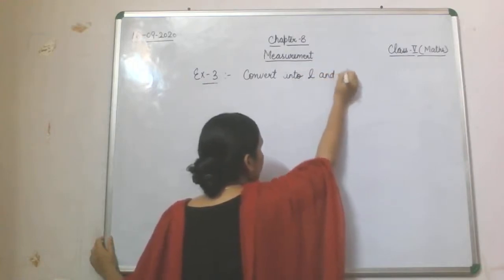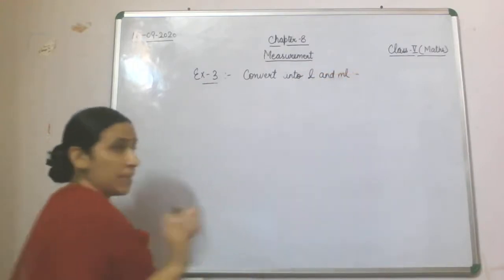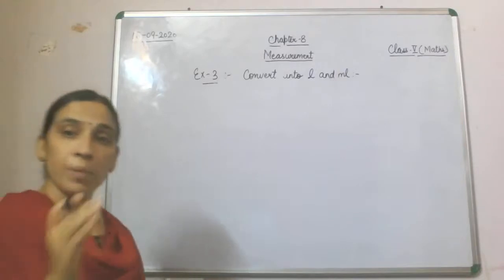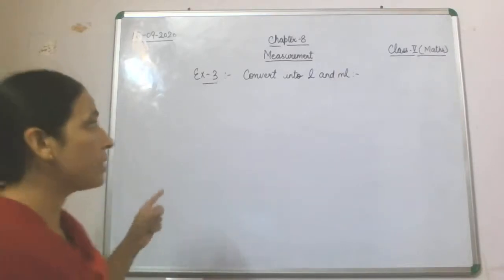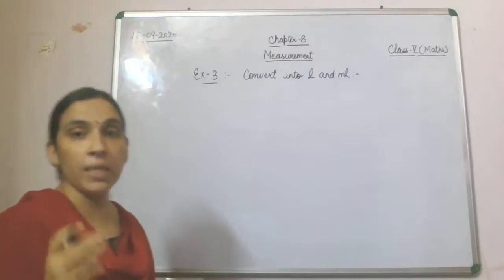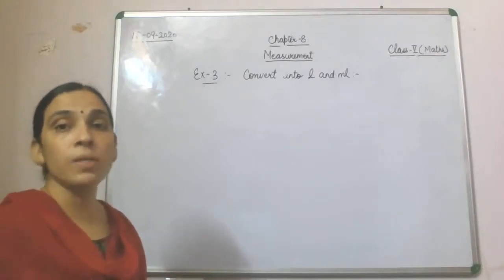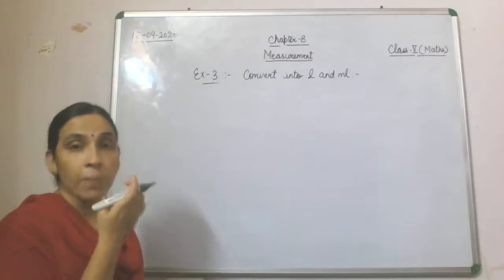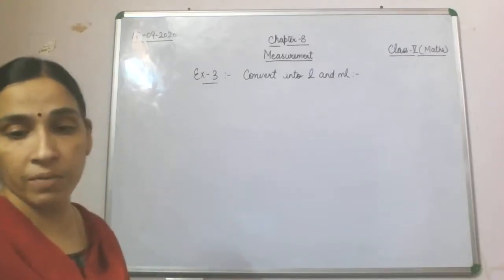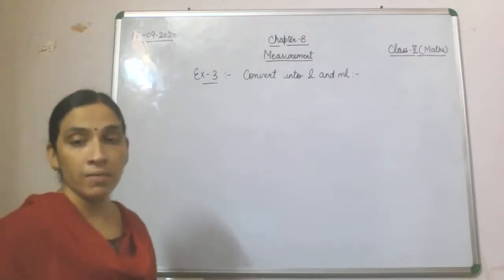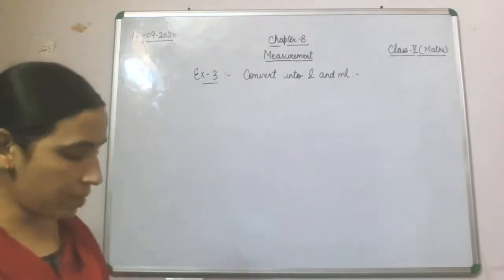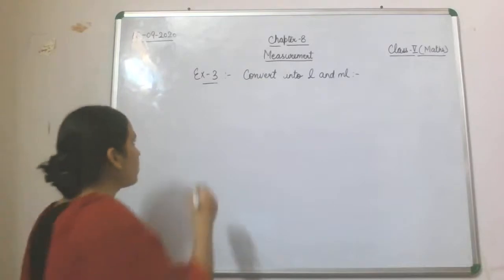Now it is not necessary the question will be given in milliliter only. Might be possible the question will be given in liters, might be possible the question will be given in milliliter. Fine. So we'll understand with the common method how we will do it.